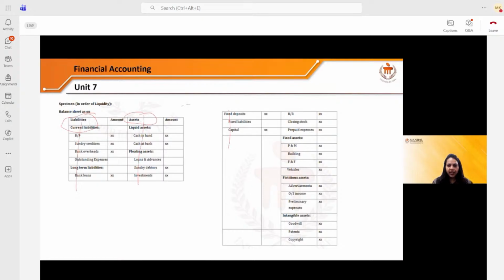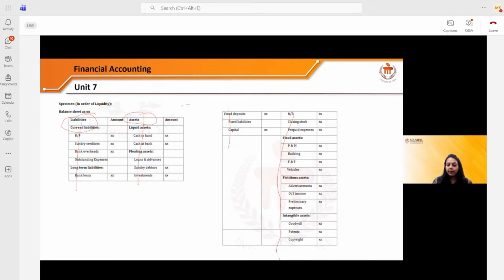All the liabilities come on this side, and all the assets come on this side. Read the format again. You just have to remember the format, because if you remember the format, then you are able to do the numerical. Otherwise, you cannot do the numerical, because the numerical is completely based on the format.